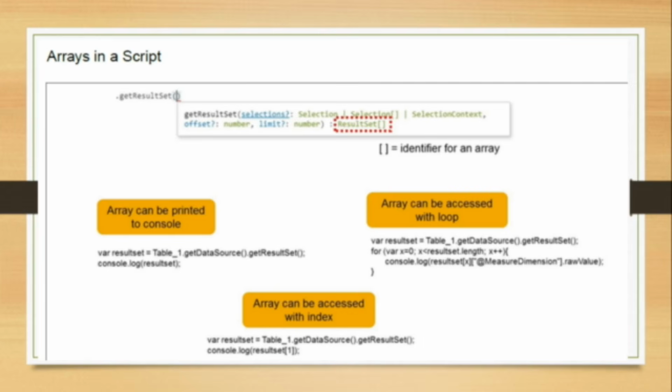As you know, resultSet is our array variable. We will do a particular example later on in this video. Let's move on.